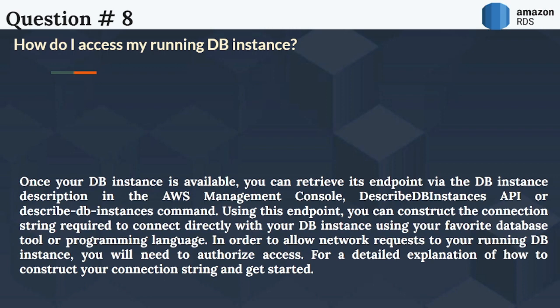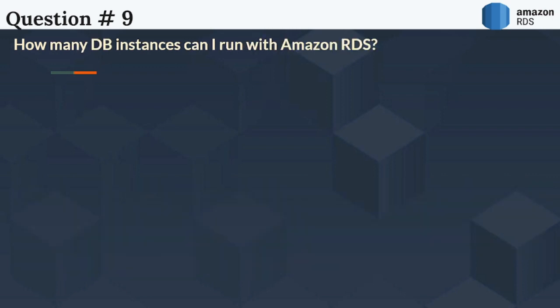Using this endpoint, you can construct the connection string required to connect directly with your DB instance using your favorite database tool or programming language. In order to allow network requests to your running DB instance, you will need to authorize access. For a detailed explanation of how to construct your connection string and get started, let's see the next question.